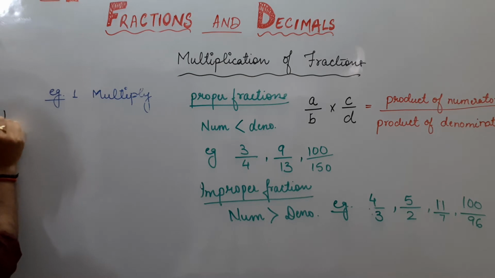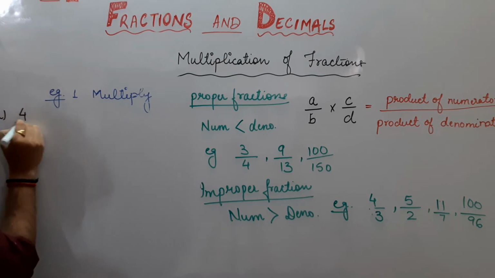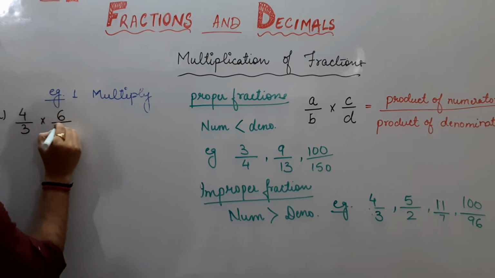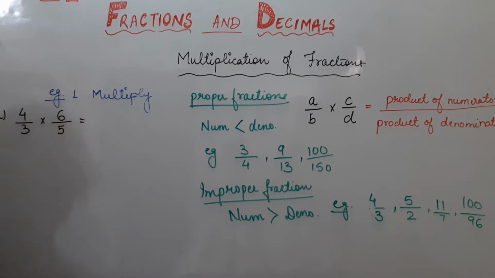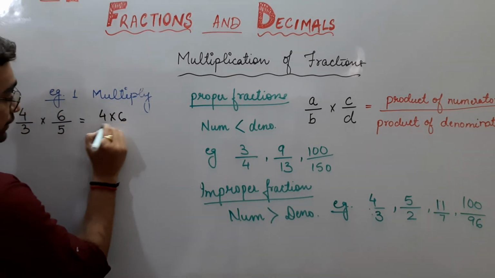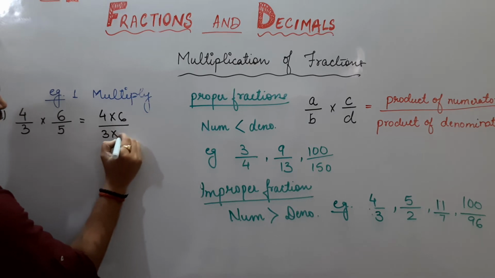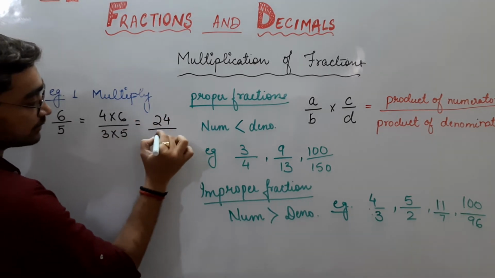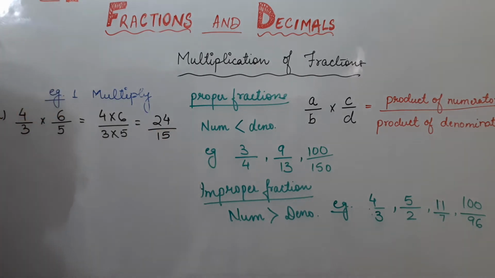Example number A, 4 by 3 into 6 by 5. Product of numerators 4 into 6 divided by 3 into 5, means the product of denominators. 4 sixes are 24, 3 fives are 15, right?